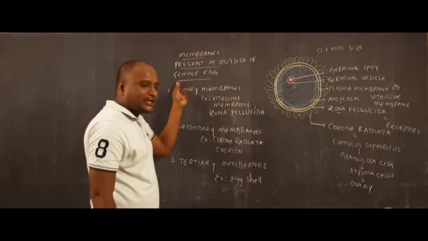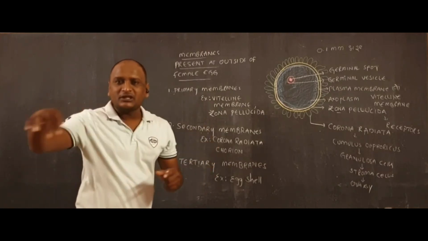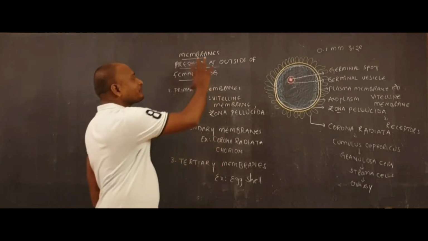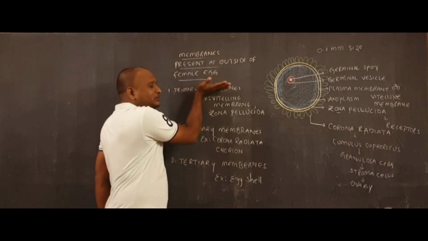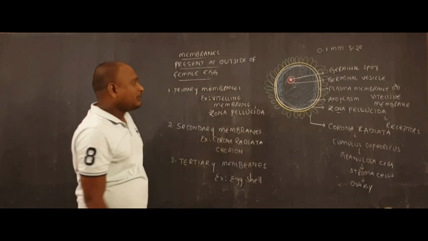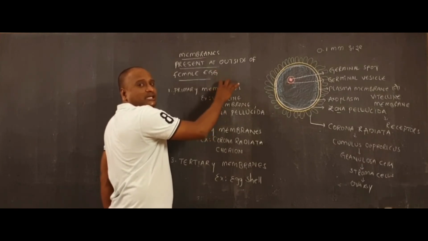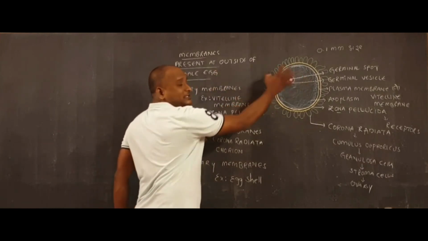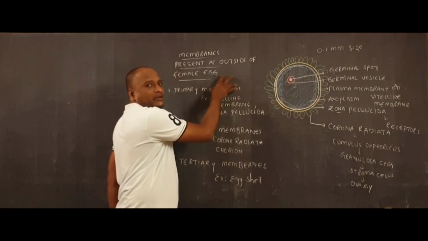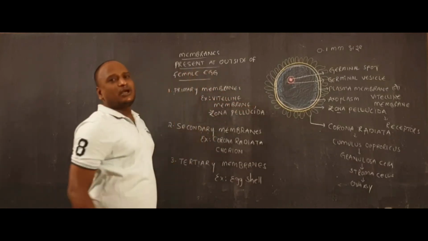So overall, when we observe the membranes present around the egg cell in a generalized view, all the membranes can be classified into three types: primary, secondary, and tertiary membranes. Primary membranes are membranes which need the support of the female egg cell. Example, vitelline membrane or plasma membrane, and zona pellucida.